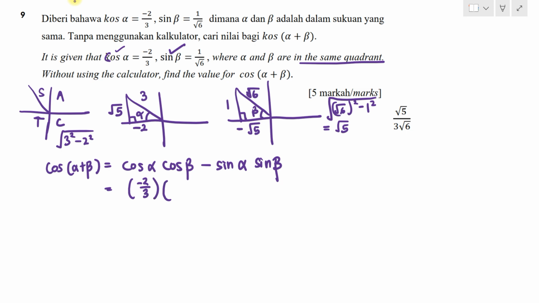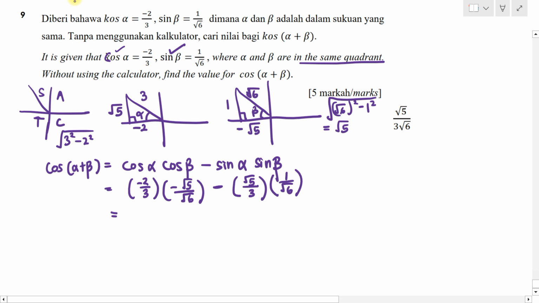Cos beta is negative square root 5 over square root 6, minus sin alpha. Sin alpha is square root 5 over 3, and sin beta is already given in the question, 1 over square root 6.